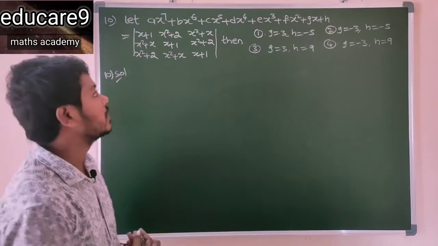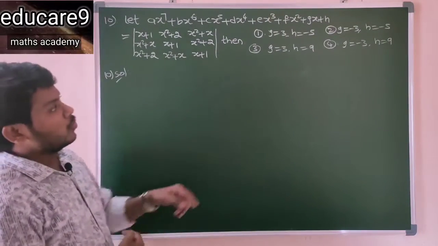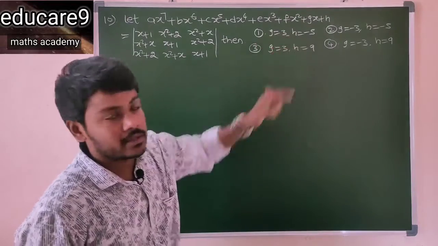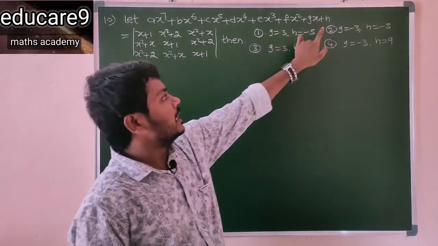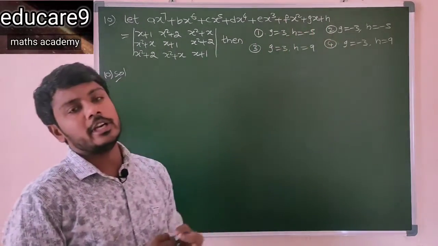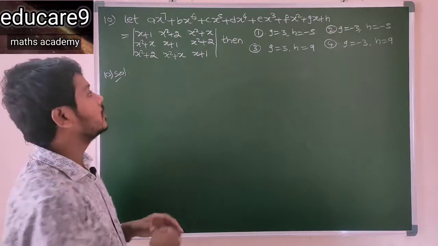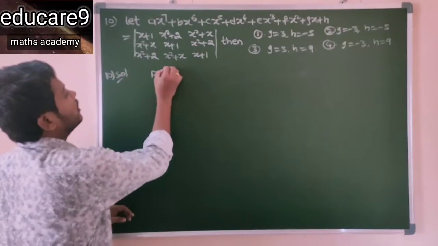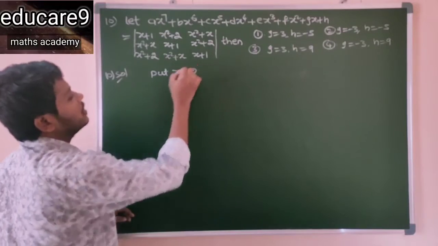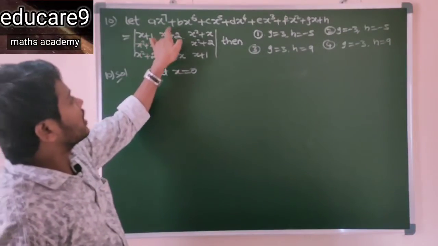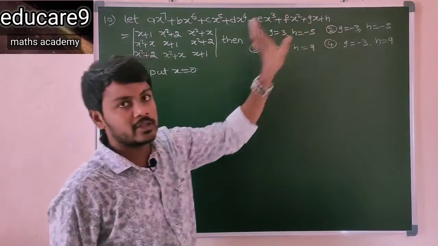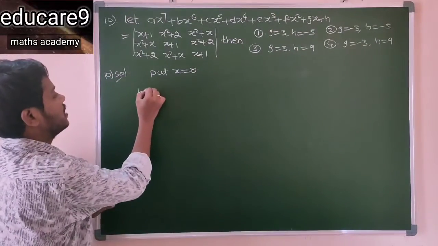Given this 7th degree polynomial is equal to this determinant, find the values of g and h. See here, you want to find g and h. So for finding the h value, put x equal to 0 in place of x. So what do you get? All these terms should be 0. You get the h value only. So h is equal to what?